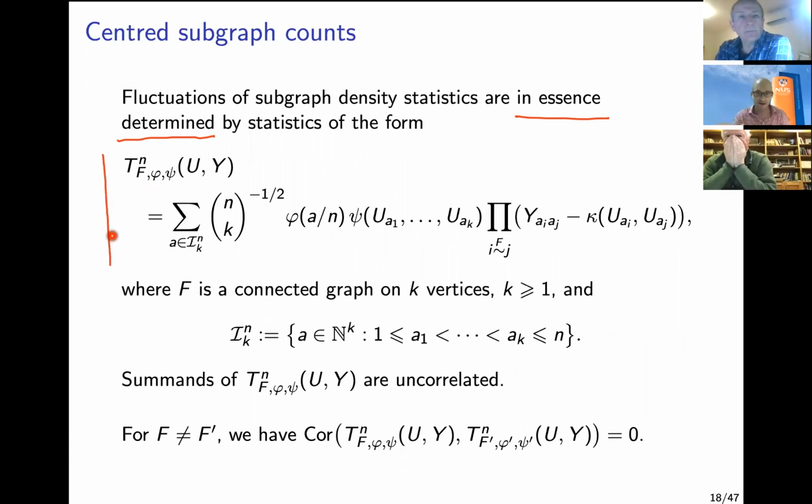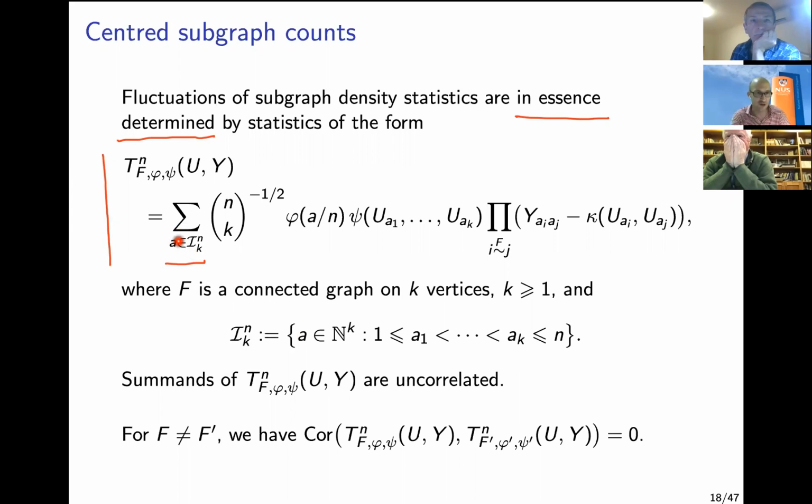Now it's a long formula, so let me guide you through it. First of all, this is a generalized U statistic itself, in the sense that we are summing over these ordered tuples of indices. So this here is just formalizing this space of ordered indices.